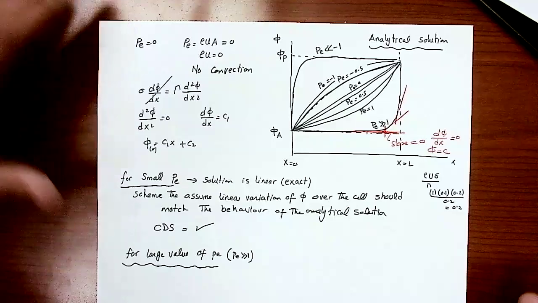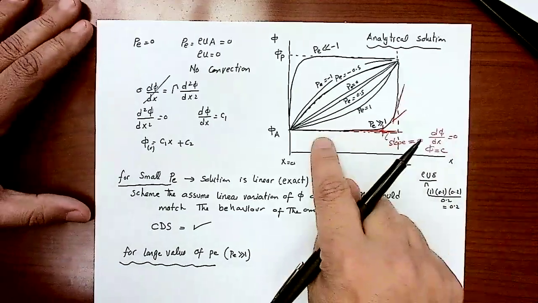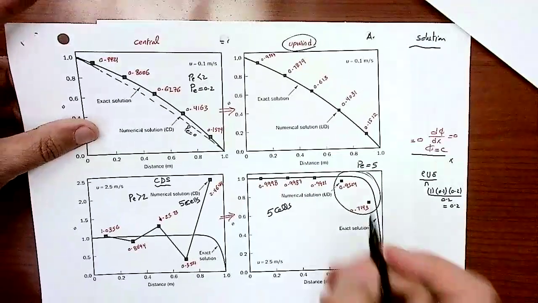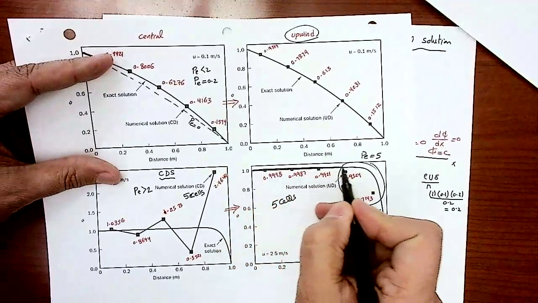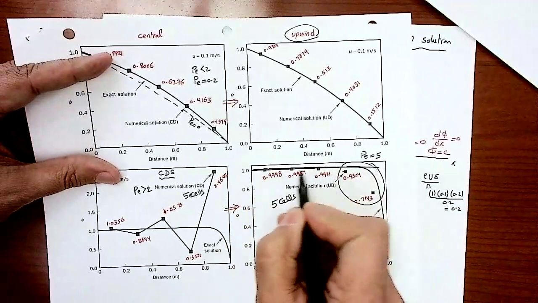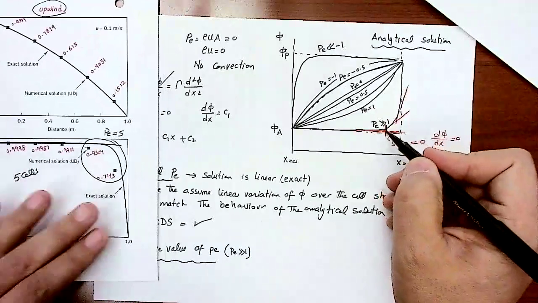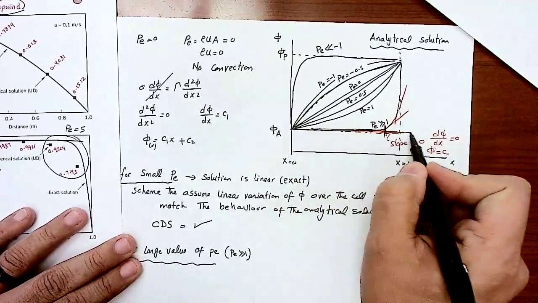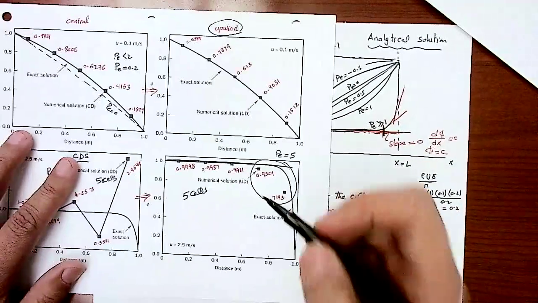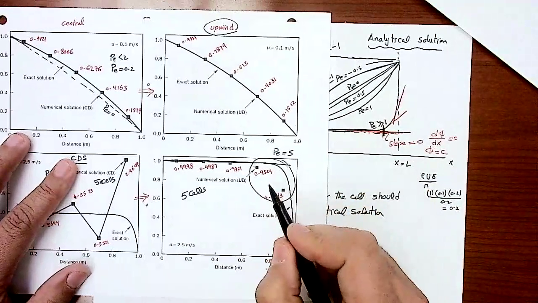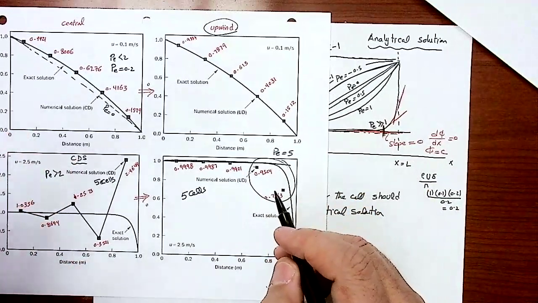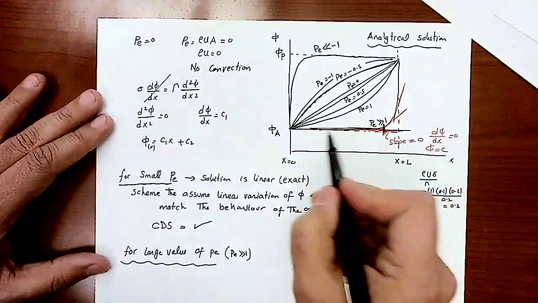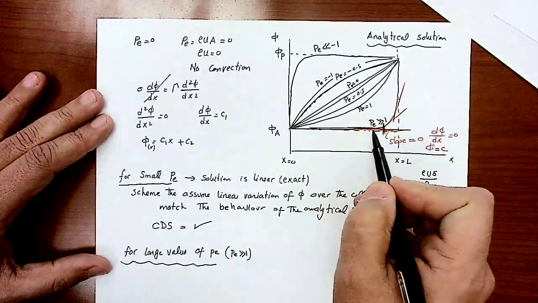So the Upwind scheme worked very fine up to this level. As long as the slope of the line is horizontal, we were very close to the analytical solution. When the slope started to change, assuming constant property is not going to work, and that's why the Upwind scheme failed in this region. So the Upwind scheme worked nicely as long as the slope is equal to 0, which is the early stage of the solution for higher Peclet number.